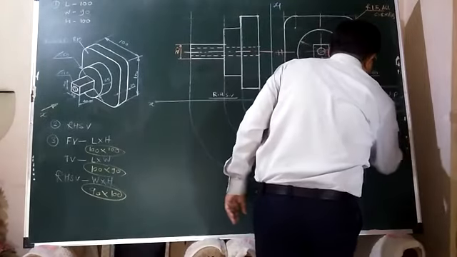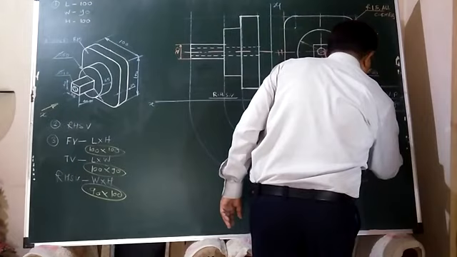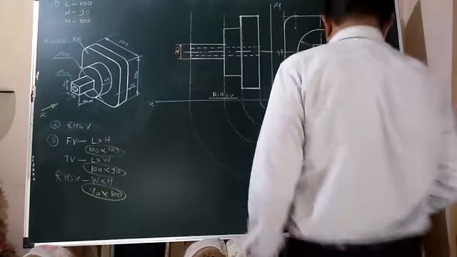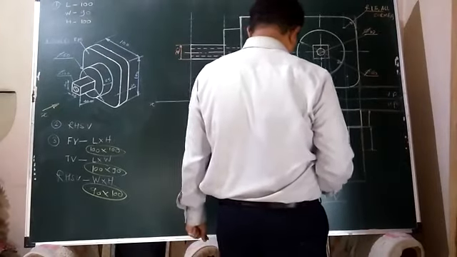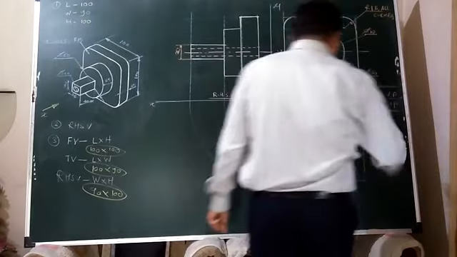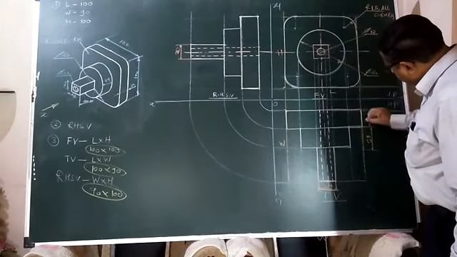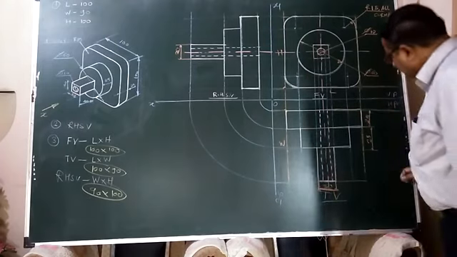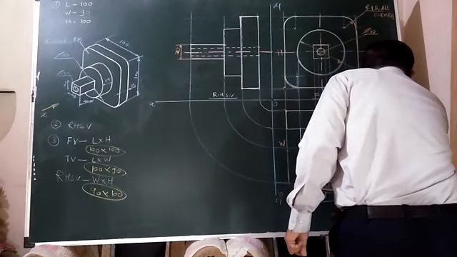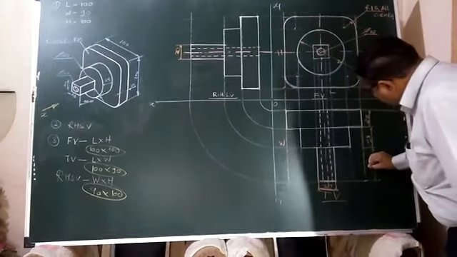Plate width, both the strips width, this is length, yes, 20. Width is how much? 25. This is 25, again this is also 25. Remaining part of this rod, it is carrying 40 mm length. 40.